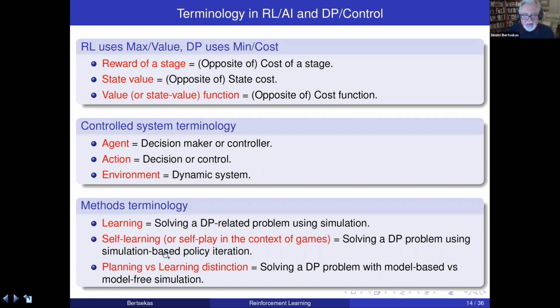Notice the multiple use of the term learning here. To me, that's a little confusing, but that's the way it goes in reinforcement learning. Like I said, there's a long list of other translations that you can find in your class notes.